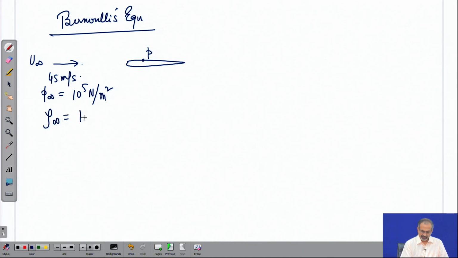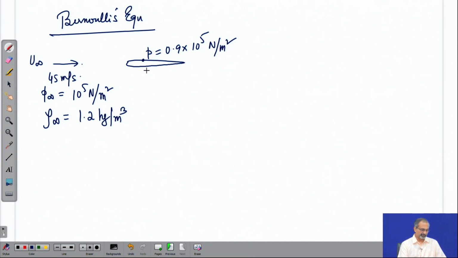The density at free stream is 1.2 kg per meter cubed, and we record a pressure of 0.9 into 10 to the power of 5 Newton per meter square on the airfoil. So, considering the flow to be inviscid and incompressible, we would like to find out what is the local velocity at this point, where the pressure has become 0.9, that is about 90% of what it is in the free stream.